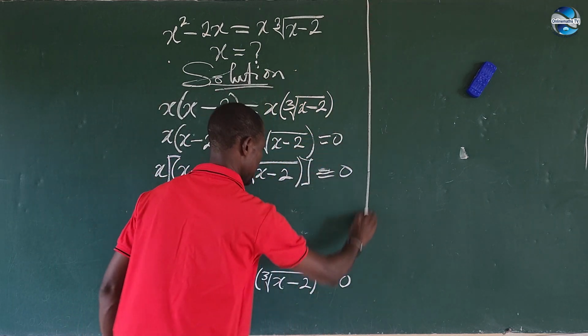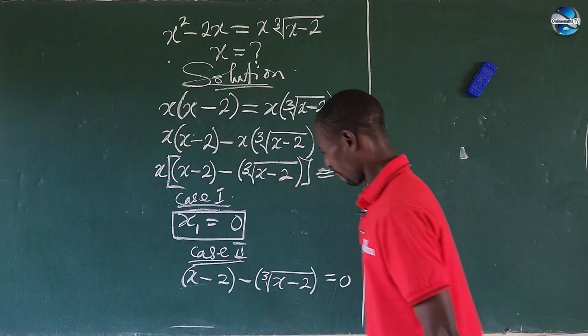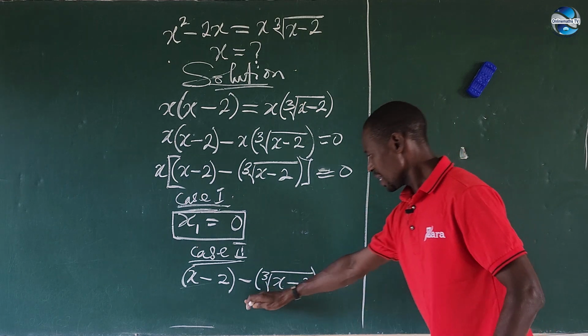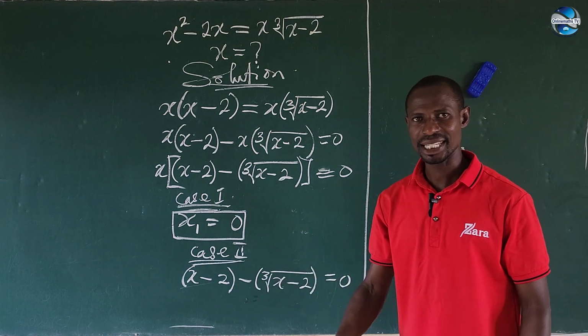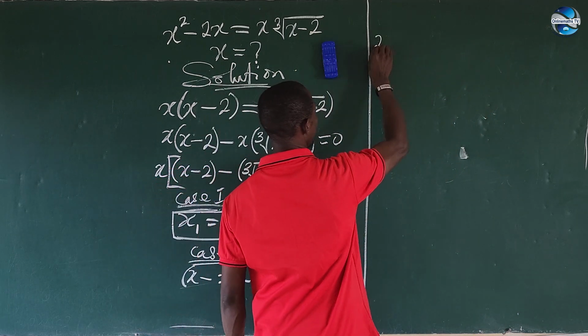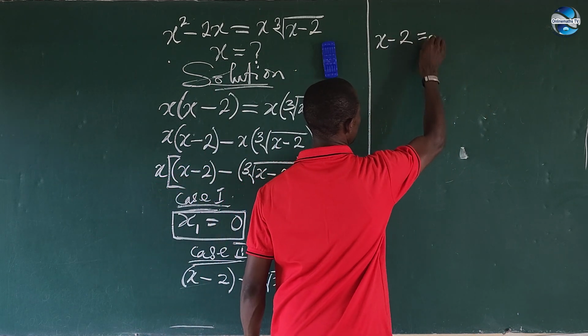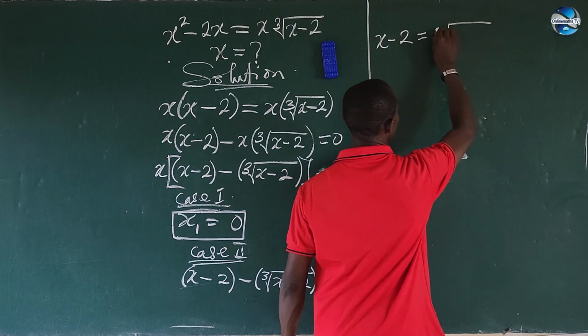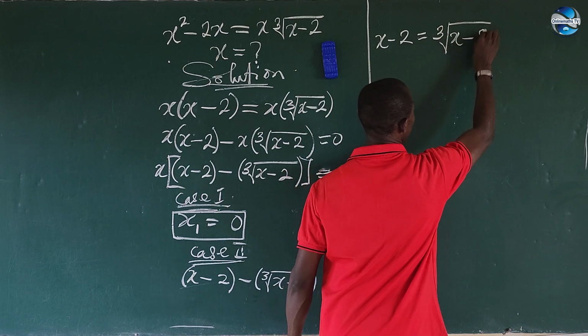Okay, so let's see what will come out of here. So from what we have here now, send this guy back to the right-hand side of the equation. So let's do that and see what happens. So we're going to have our x minus 2. This is equal to the cube root of x minus 2.